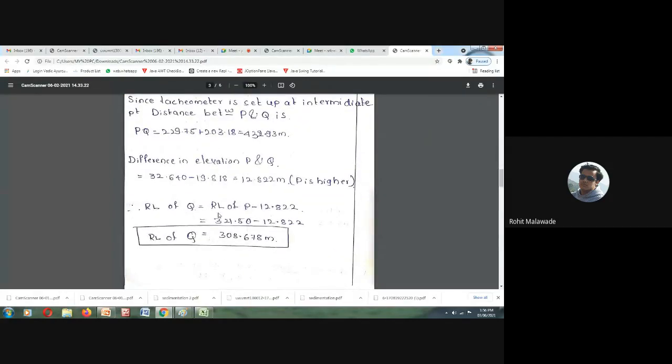RL of Q is equal to RL of P minus the difference between P and Q. So it is 321.50 minus 12.822, which is the difference between P and Q. So here we have determined the RL of Q.